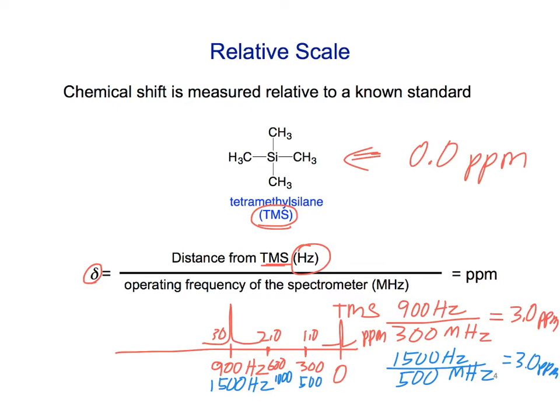Yeah, question? Are there any advantages to changing the operating frequency of the spectrometer? So the question is, are there any advantages to different magnetic field strengths? Definitely there are. For one thing, the higher the magnetic field, the stronger the signal.